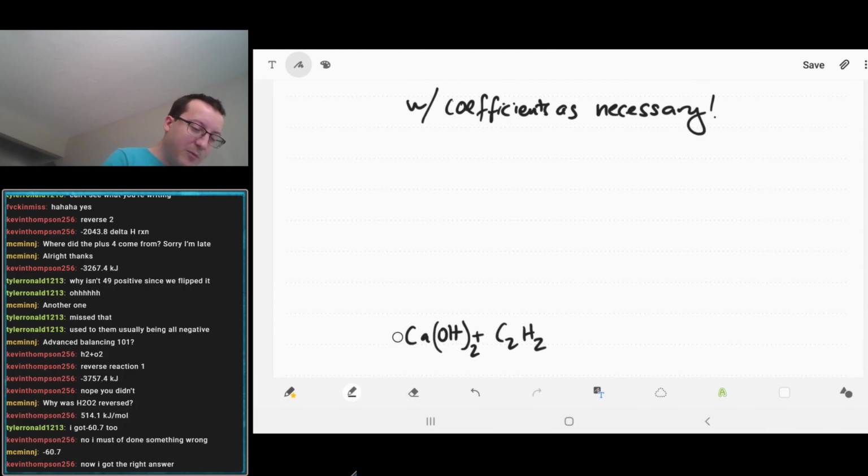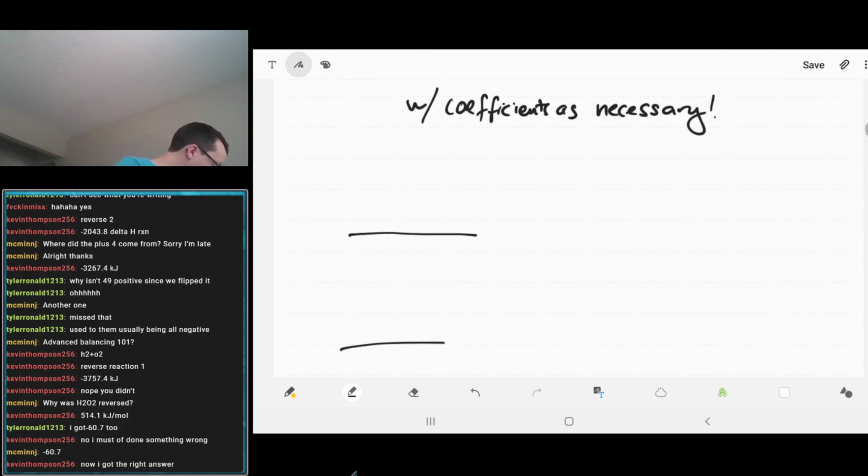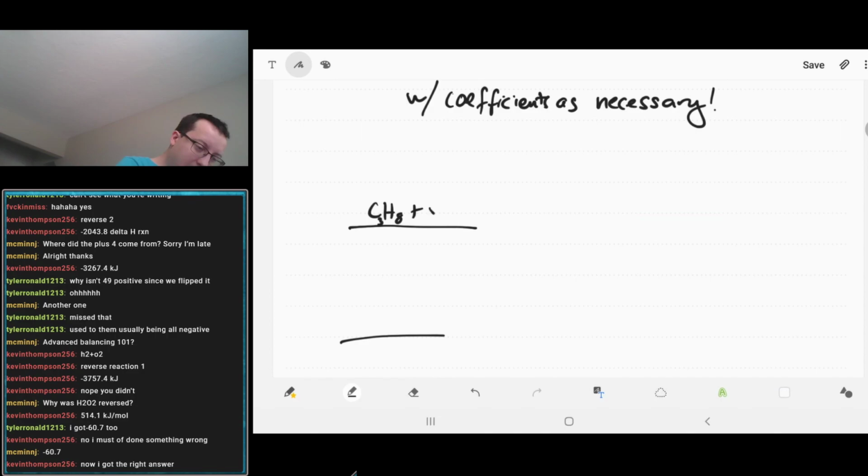We'll do our propane example, because thankfully this one is in the book, so I don't have to actually look anything up. So our overall reaction was C3H8 plus 5O2, right? That was our reactants, and we saw that we produced 3CO2 plus 4H2O.